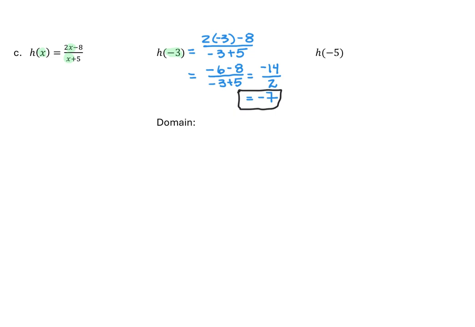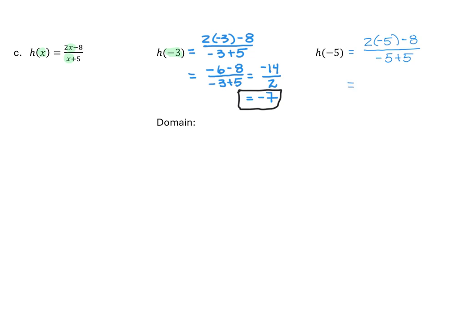All right, same idea, if we plug in -5, we get 2 times negative 5 minus 8 over negative 5 plus 5.